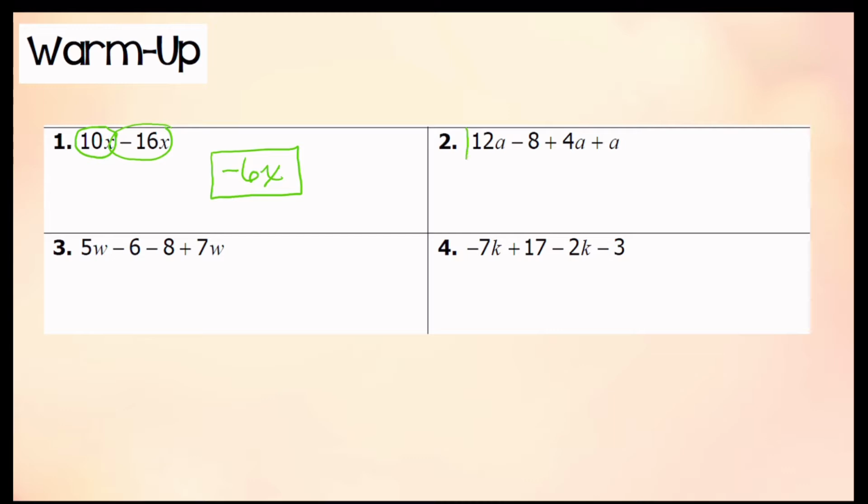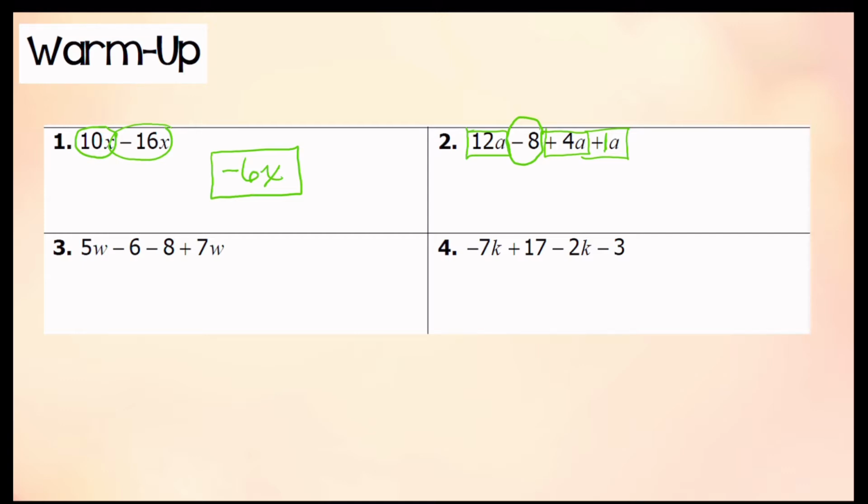Here I have 12a. I have 4a. Remember what's in front here, that ninja 1. And it's still a like term. So I've done all my variable terms. Then I'm going to use a circle because this is a constant. It does not have a variable part.